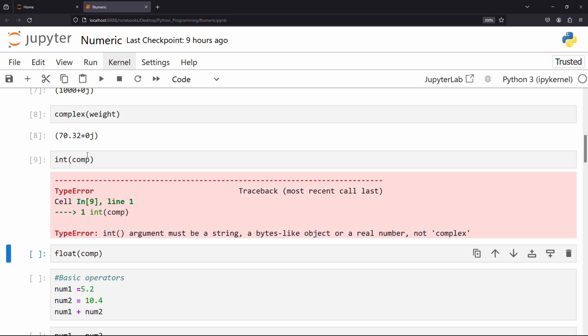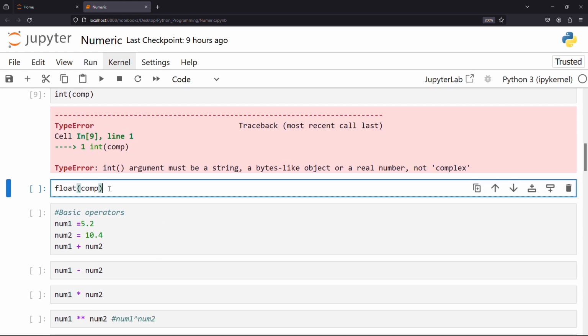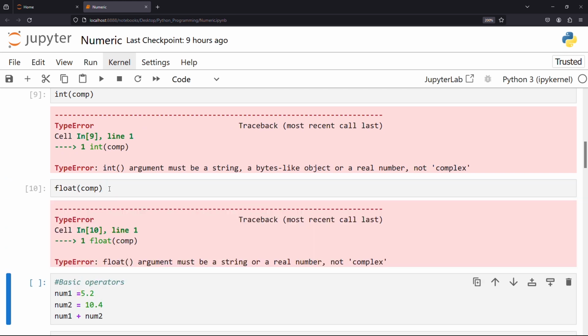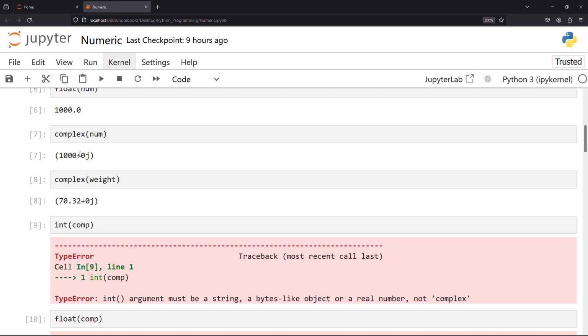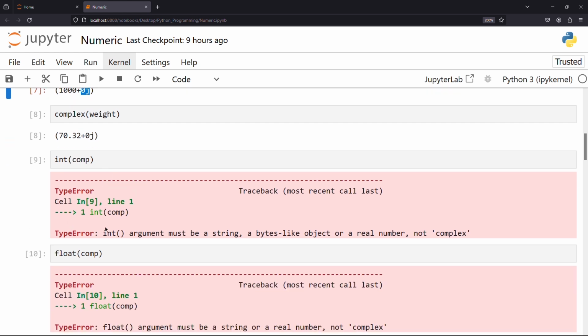Let's see the float function too. Here also it gives an error, because you can't send a complex number to the float function, since complex has an imaginary part apart from the real part. That's why these give type errors.